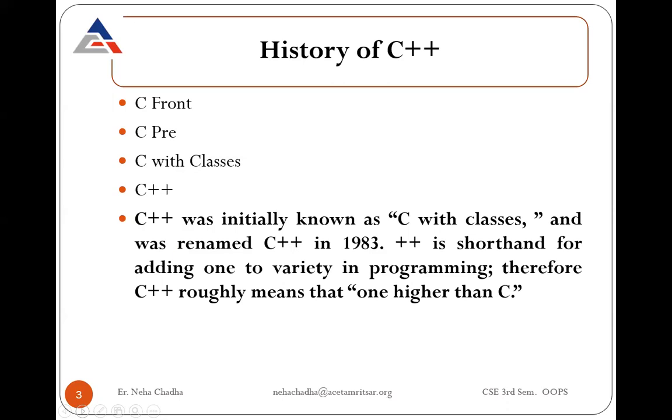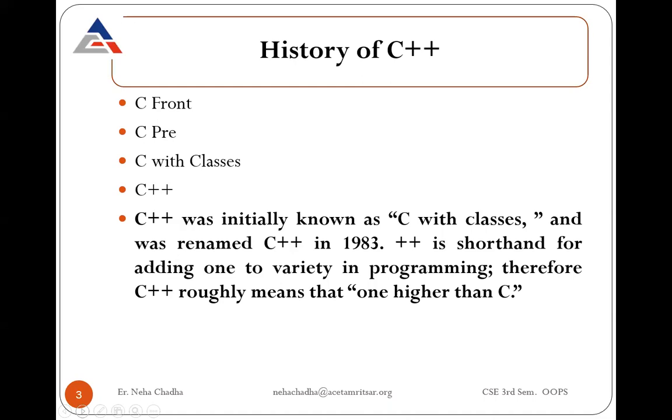The developer of C++, Bjarne Stroustrup, used C with some enhancement features of object-oriented programming. C++ is not the first object-oriented language. Simula 67 is the first object-oriented language, where working over the object with function and data was found.